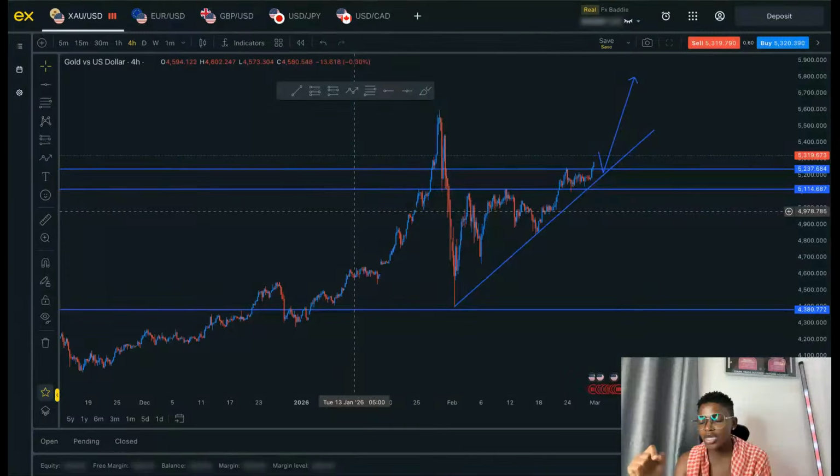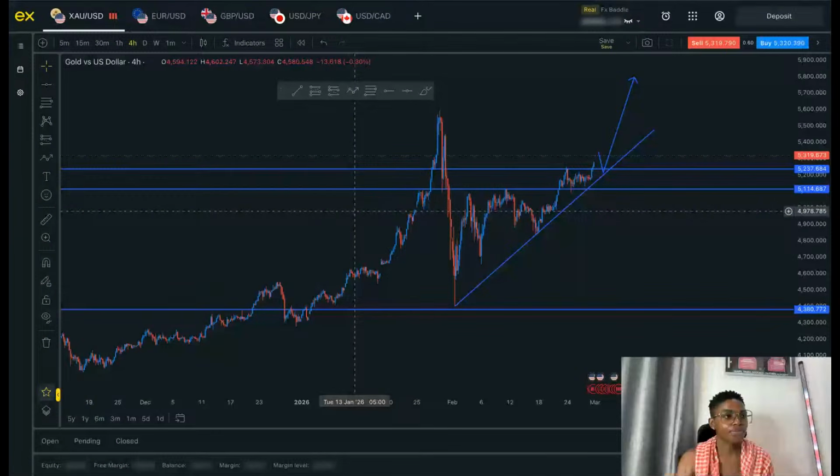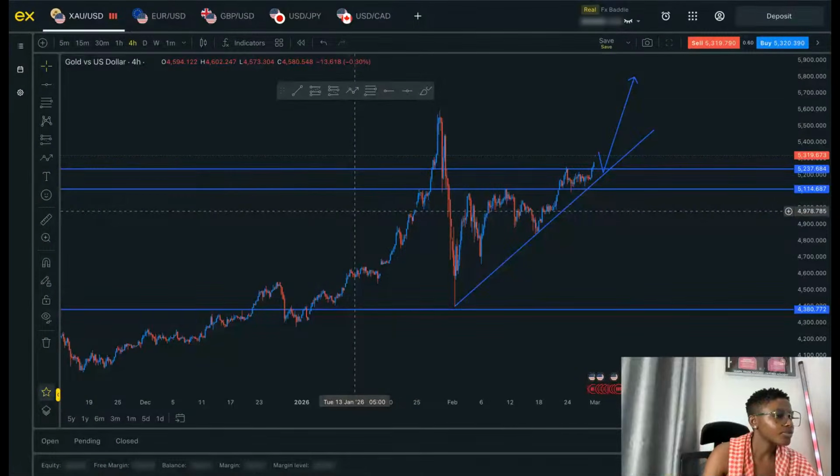Imagine the number of players that were holding their trades over the week. That gap is massive.